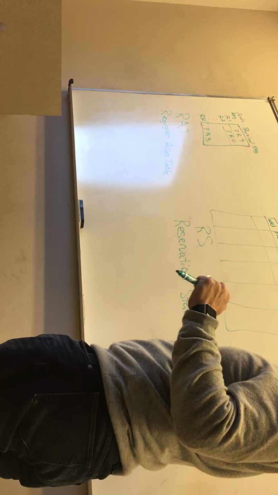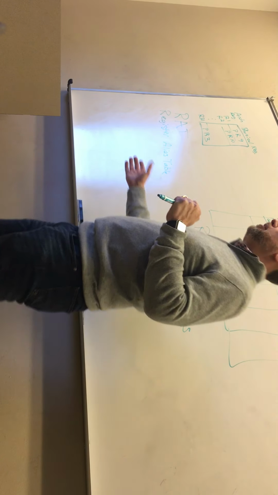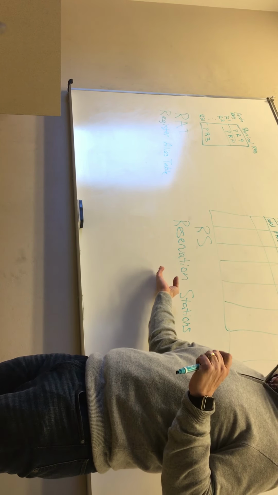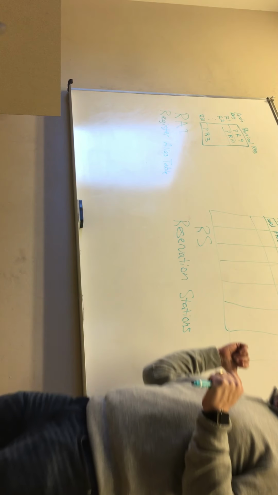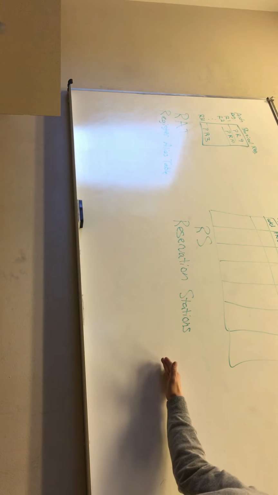So we talked about the general approach that we're going to fetch and rename the instructions in the original program order and stick instructions into the reservation station in that original program order. And then they're going to get issued out of the reservation stations to the functional units in some true dependence order.